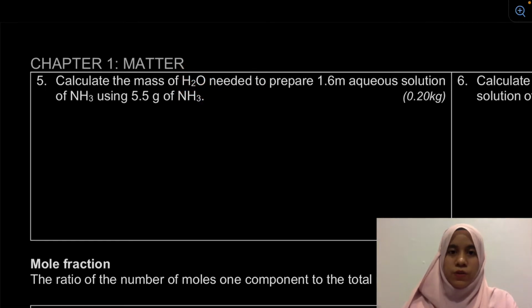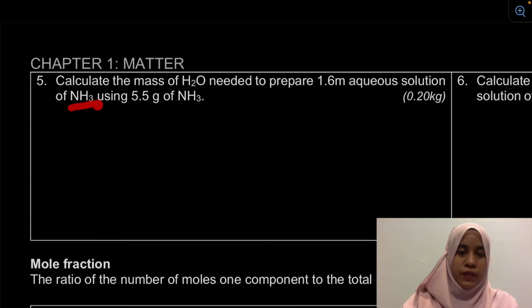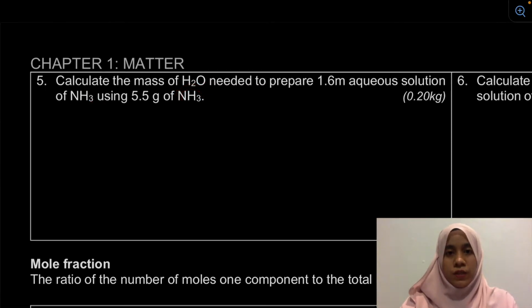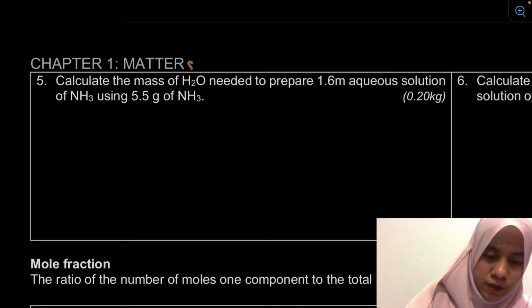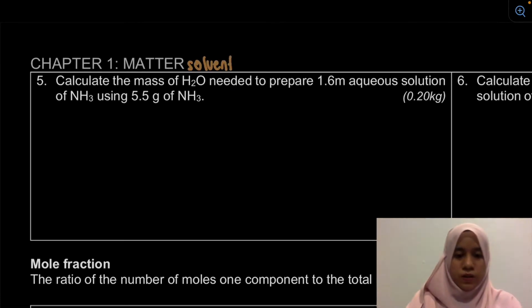That's why I mentioned it is important for you to differentiate what is solute, solvent, and solution. We know we're going to form a solution of NH3, so our solute is NH3, and water is a universal solvent, so H2O is our solvent.